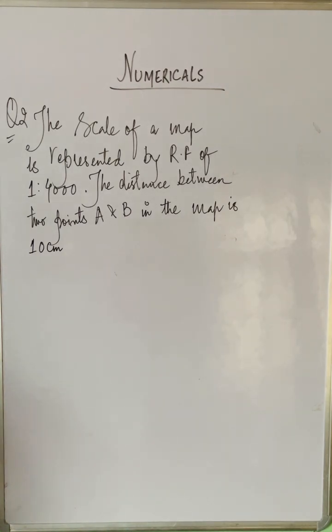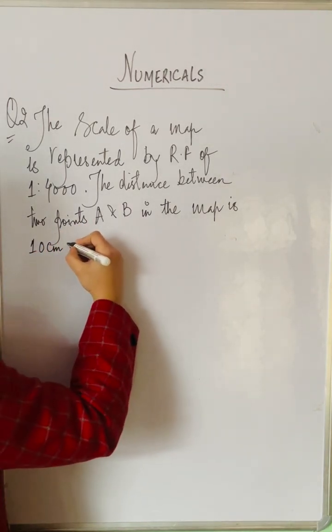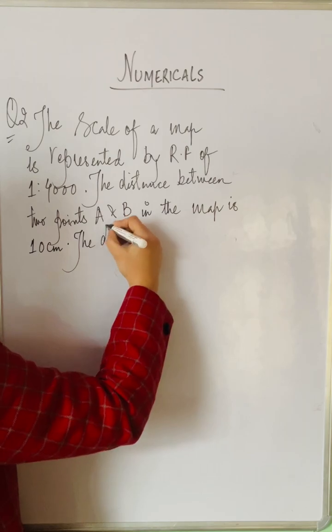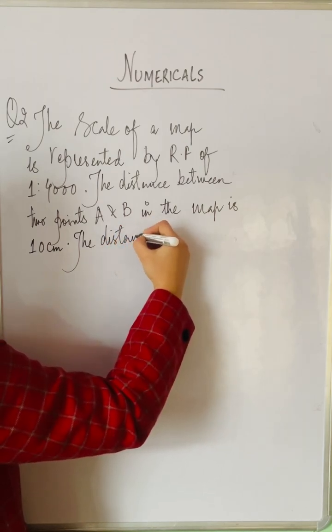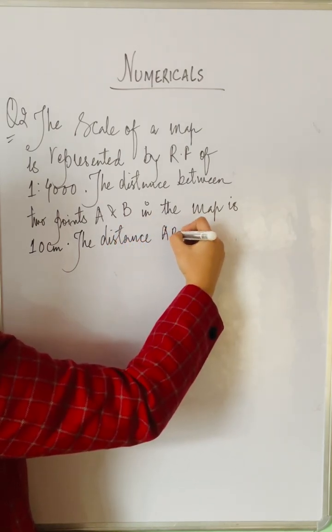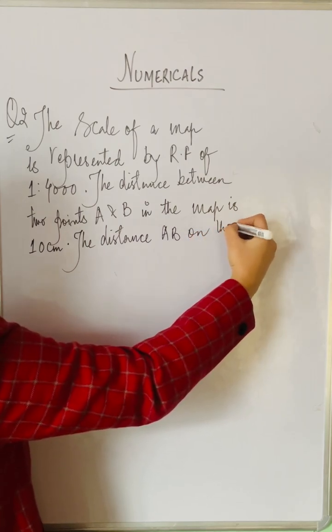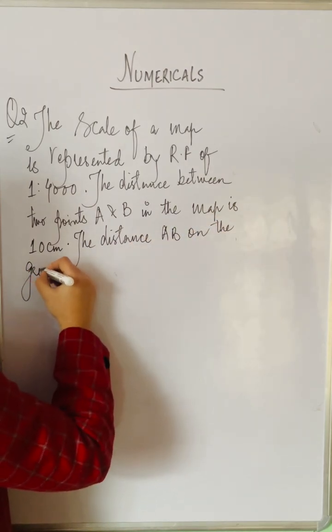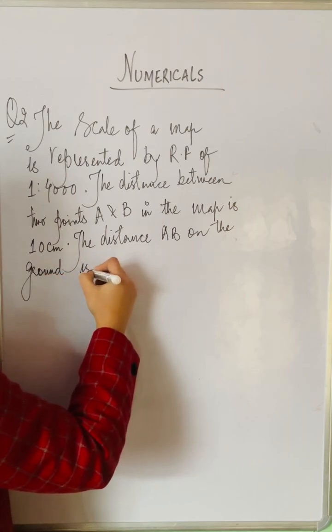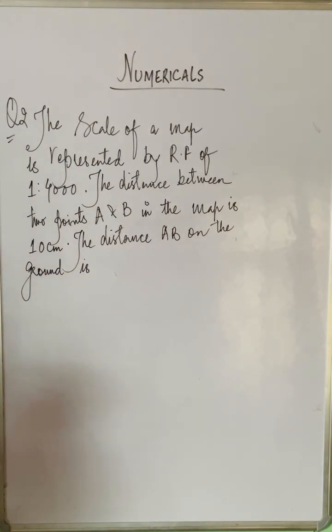The distance AB on the ground is, and we have to report the answer in kilometer units.